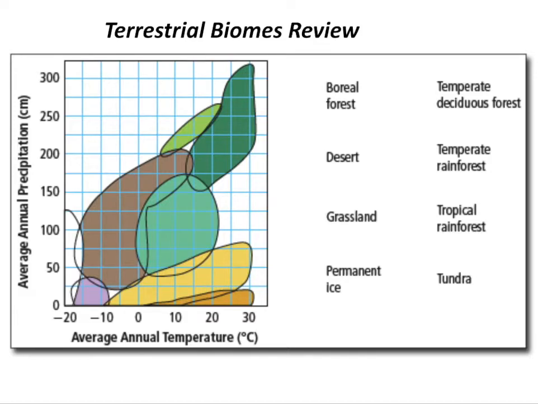Something on the top right hand side would be high precipitation, high temperature. Something in the lower left would be low precipitation, low temperatures. So take a look at these: the boreal forest or the taiga, the desert, the grasslands, temperate deciduous forest, temperate rainforest, tropical rainforest, and tundra. Which ones would those fit in? One of these blobs is also going to be permanent ice. Which one would that be?